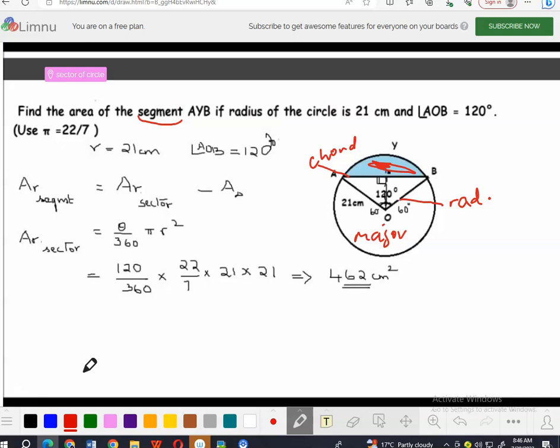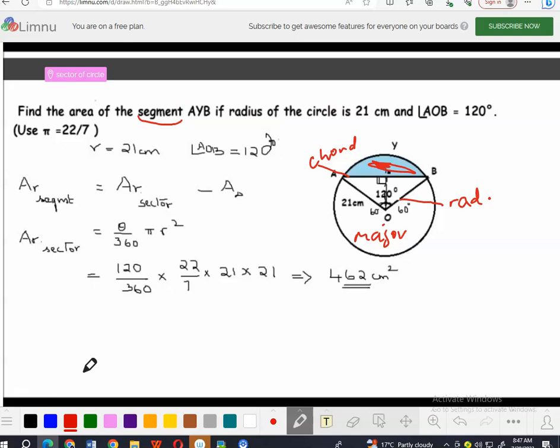The very first thing you need to pay attention to in this question, I purposely put the solutions so that you will be able to follow up as we illustrate. You can see that r is already given as 21 centimeters, and this angle AOB is 120.